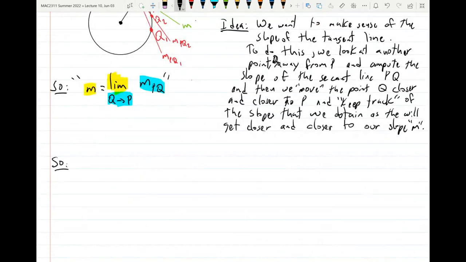So, will this idea work for a general function? And notice that here we actually didn't use anything special. So let's put our function here.